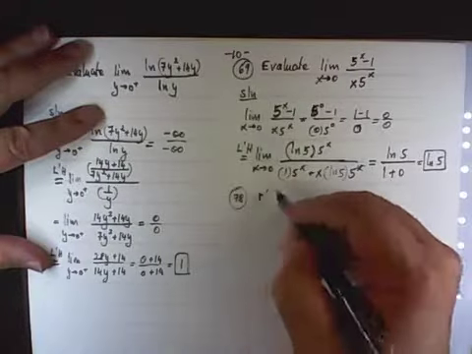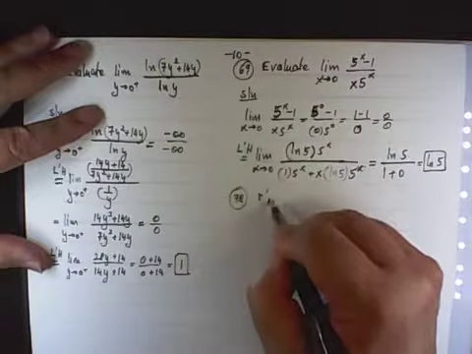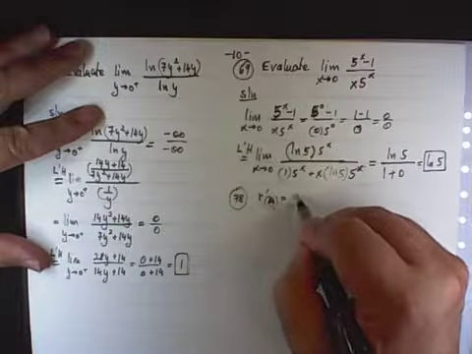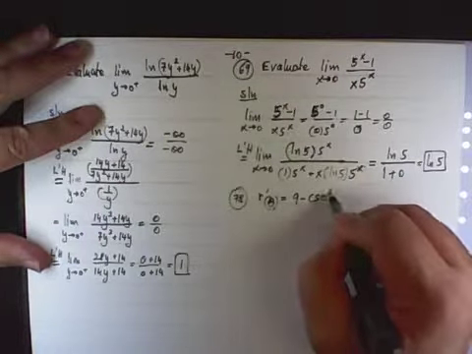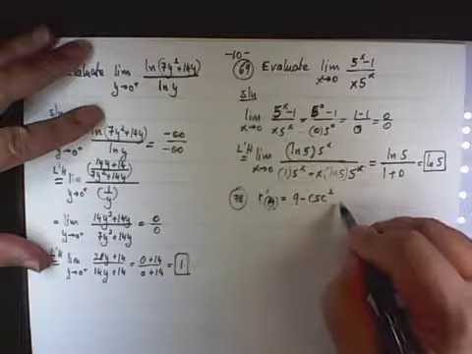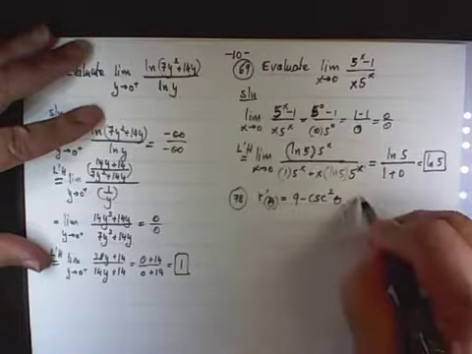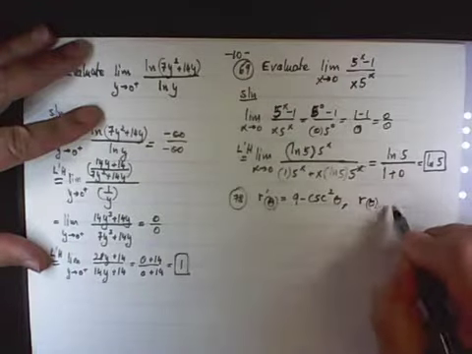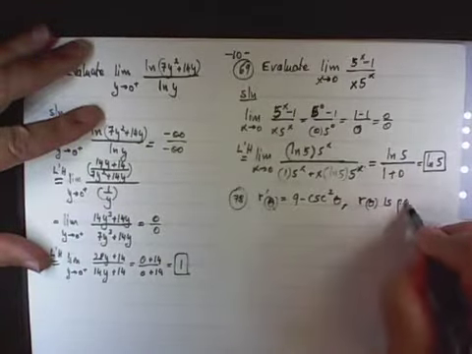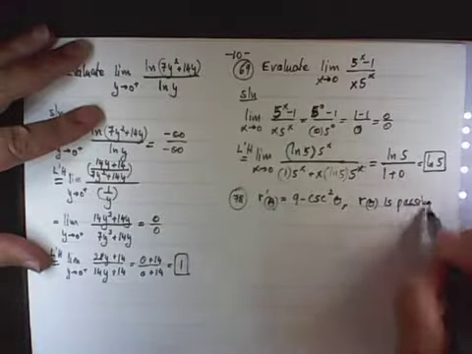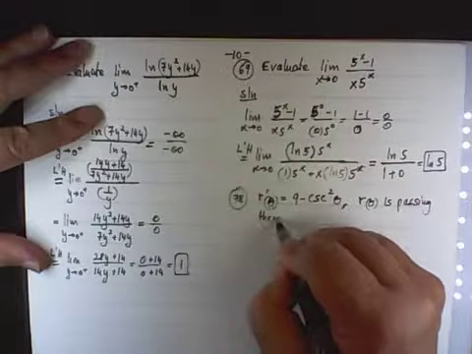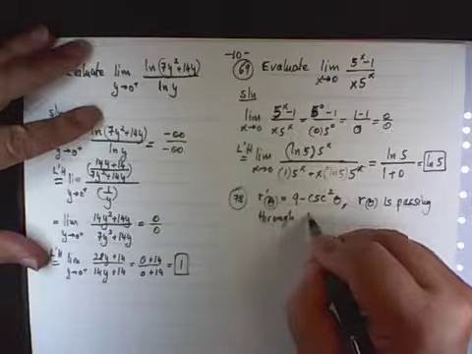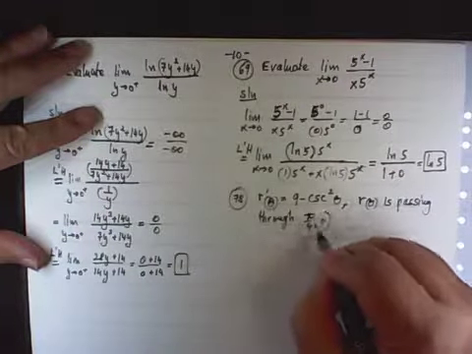R of theta, R prime of theta equals 9 minus cosecant squared of theta, okay? And R of theta is passing through pi over 4 and 0.